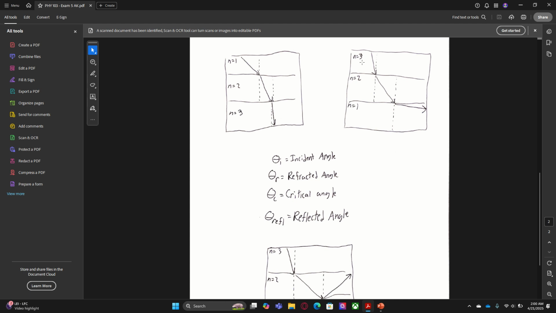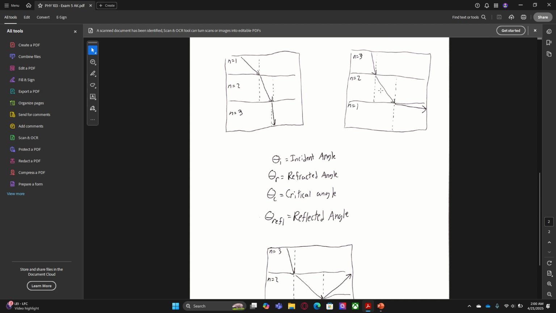if we have decreasing refractive index values, and we determine that the ray is able to refract into the next layer, it should be bending toward the original higher refractive index layer. So this ray is going to bend toward this boundary by having a greater angle of refraction than the angle of incidence in the prior layer.